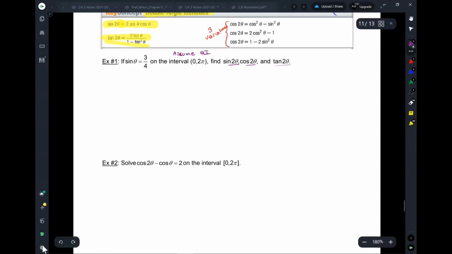Usually they'll give the qualifications. They'll say, okay, sine of theta is this, and cosine of theta is positive, so you can figure out what quadrant. Right now, you're not told the quadrant, so I told you. We need to find sine of 2 theta, cosine of 2 theta, and so on.